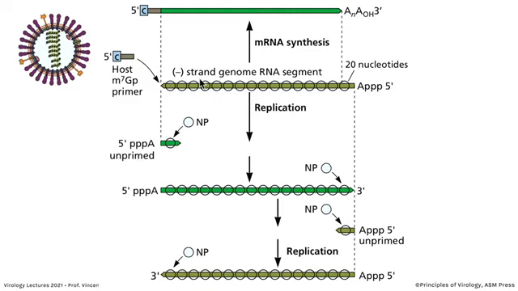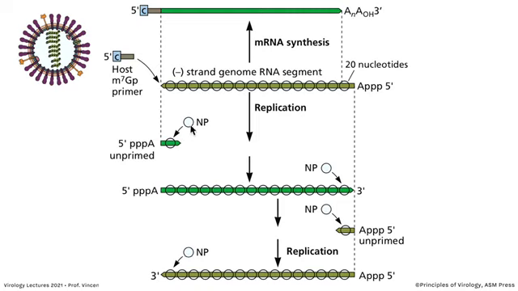But to finish off this scheme here, we have to, of course, make more negative strands at some point. And to do that, we need a full-length plus strand, one that doesn't have some host sequence at the end, because we know the viral RNAs do not have host sequence. And more importantly, we cannot lack these 20 nucleotides at the 3' end. So again, the nucleoprotein is the catalyst.